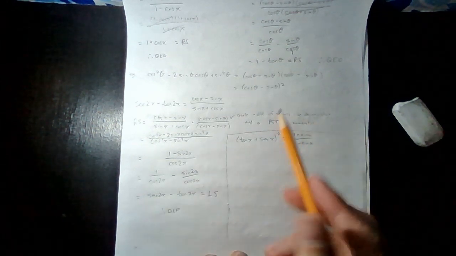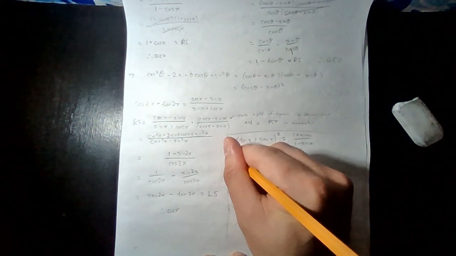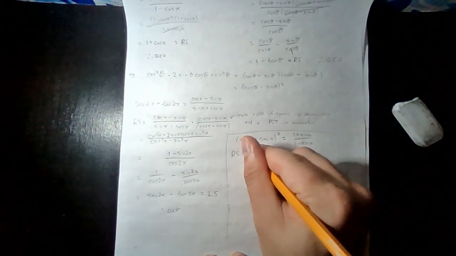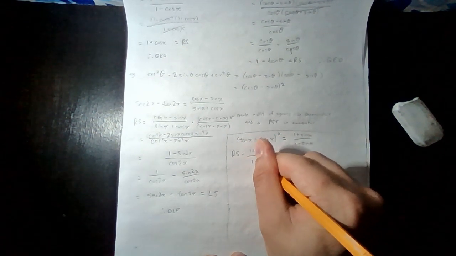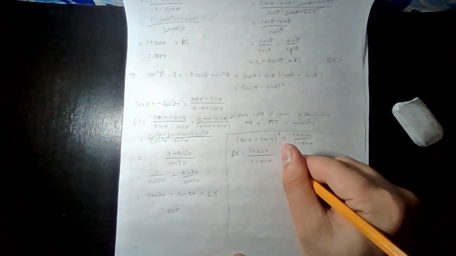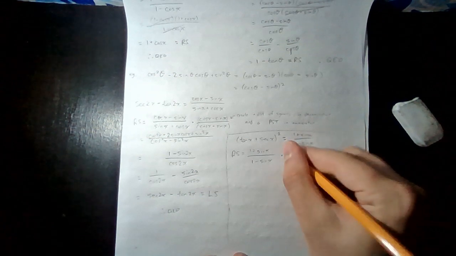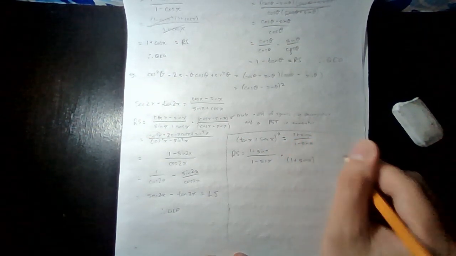So again, in the lesson, there's something that starts with the left side. I'm going to start with the right side. I'm going to start with this 1 plus sine x over 1 minus sine x. And so again, we're going to use this trick to come up with a difference of squares in the bottom. So we're going to multiply by, they call it the conjugate.